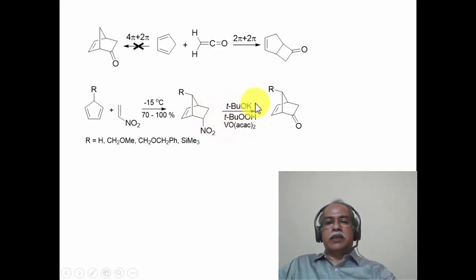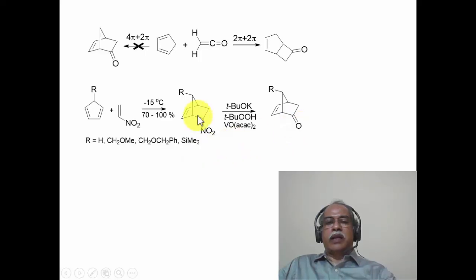What happens is, essentially in the presence of tertiary butoxide, this hydrogen, which is an acidic hydrogen, is removed and you form the nitronate. This will be a C double bond N kind of compound that is produced when the anion is generated here. That nitronate anion is essentially oxidized, the carbon nitrogen bond is oxidized to the corresponding ketone.